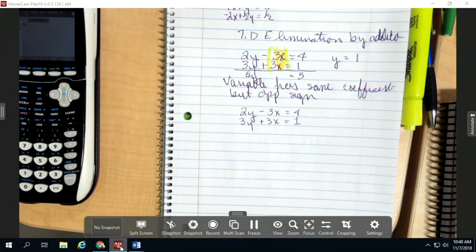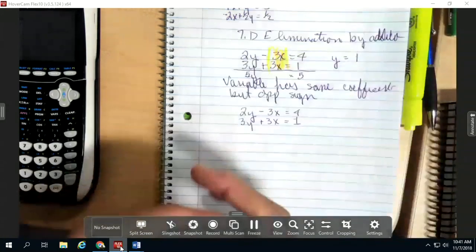Sometimes we want to use elimination, and the coefficients don't match. Notice we got y by eliminating the x's. Now to figure out x, we have to eliminate the y's. And here's an easy way to do it.